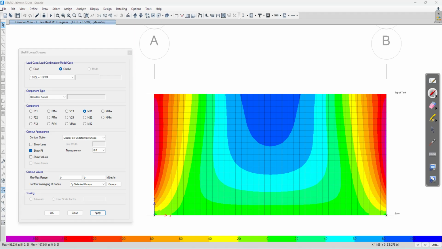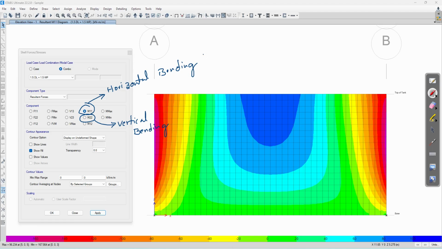So component M22 is vertical bending. Component M11 is horizontal bending.